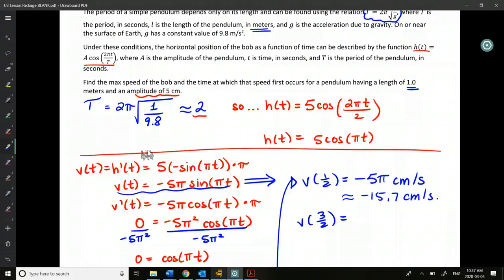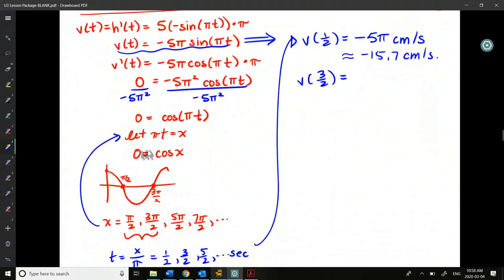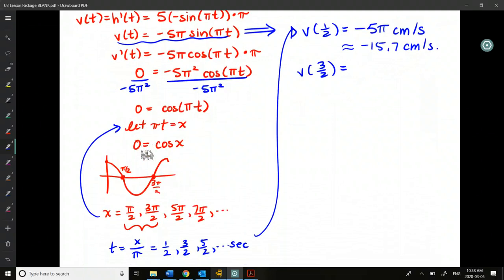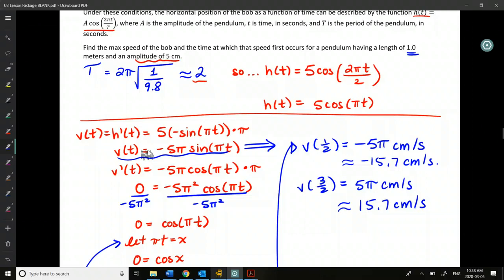Now, we also know that we're really just interested in the maximum speed. So even if we calculate this one, we are getting positive 5 pi centimeters per second, which is approximately 15.7 centimeters per second. We're not interested in direction if we talk about speed.